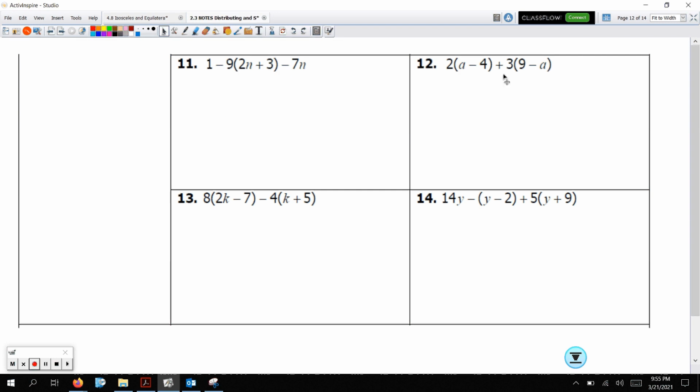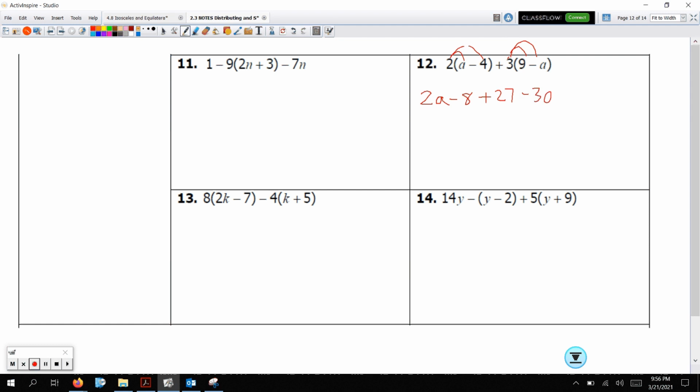Sometimes I have to distribute twice. So I'm going to distribute 2 to a minus 4. That gives me 2a minus 8. Then I'm going to distribute 3 to 9 minus a. 3 times 9 gives me 27. 3 times negative a gives me negative 3a.